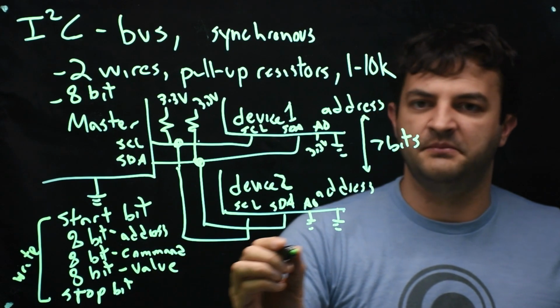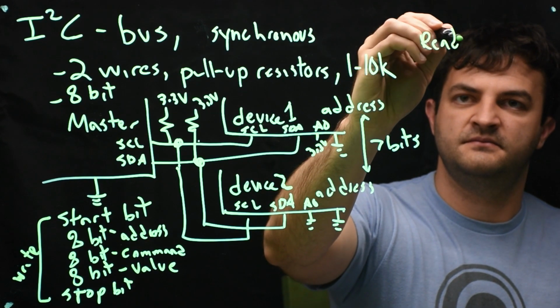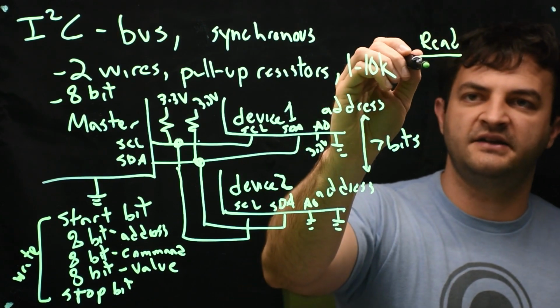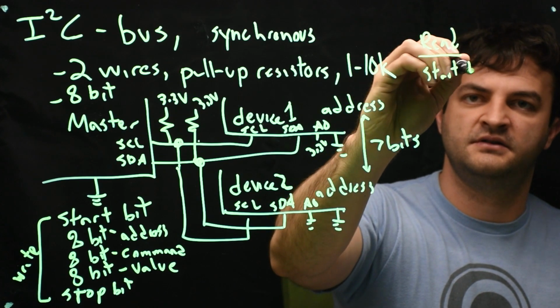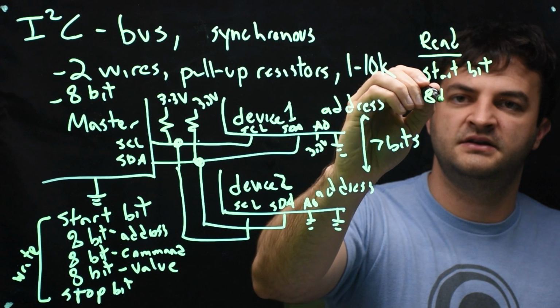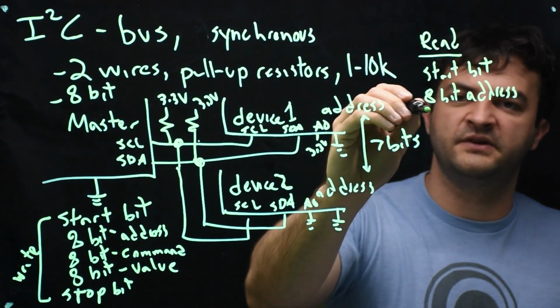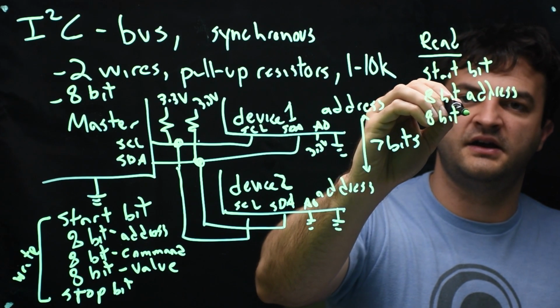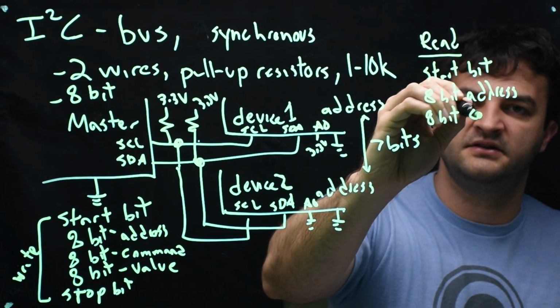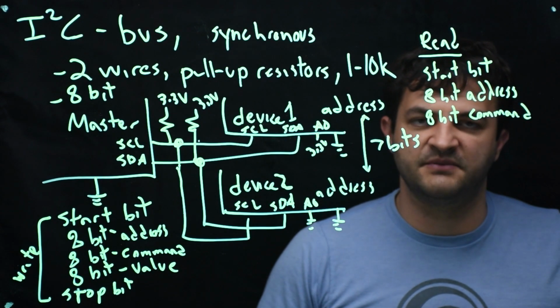And then there's also the capability of reading from a chip. So that's a little bit more complicated. So we send a start bit. Then we send the 8-bit address. Then we send the 8-bit command, which is usually the address of some variable inside of the chip that we're going to change.